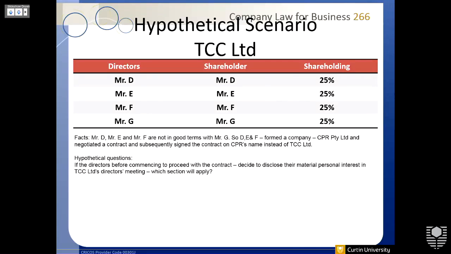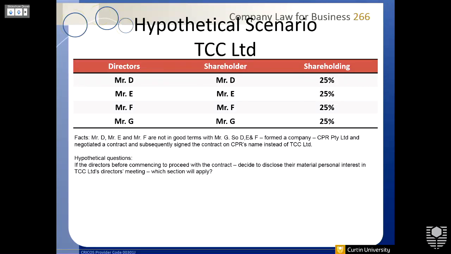All right, let's look at a hypothetical situation of TCC Limited. We now have Mr. D, who is also a shareholder, and he's got a shareholding of 25%. Mr. E is a shareholder, has a shareholding of 25%. F and G also have shareholdings of 25% each.